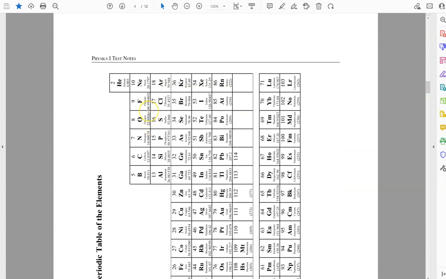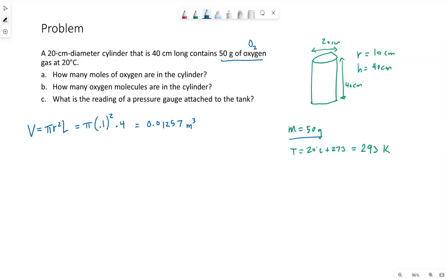Oxygen is essentially 16. So one oxygen atom is 16 grams per mole. Oxygen gas is a diatomic, so we have 32 grams per mole. I can use that as my conversion factor, 32 grams per mole.